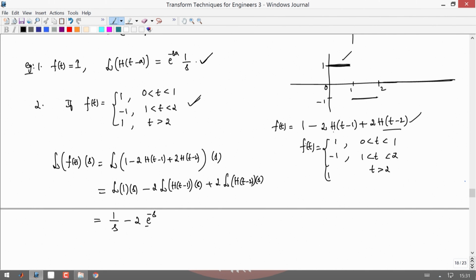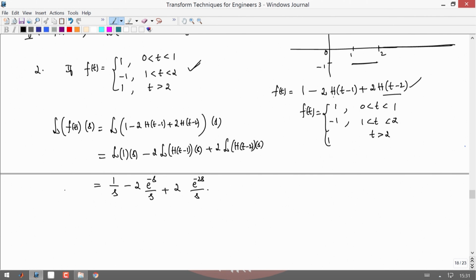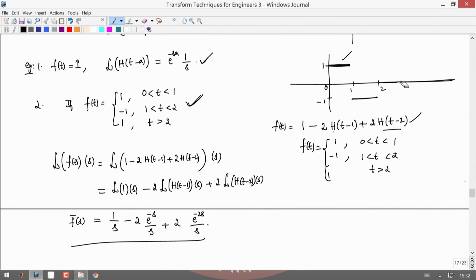So, you have 1 by s, and plus 2 times e power minus 2 s divided by s. So, this is exactly what we have as f bar of s, if f is given like this. Okay. So, it is not 0 here, it is completely 1 here. That is your f of t.